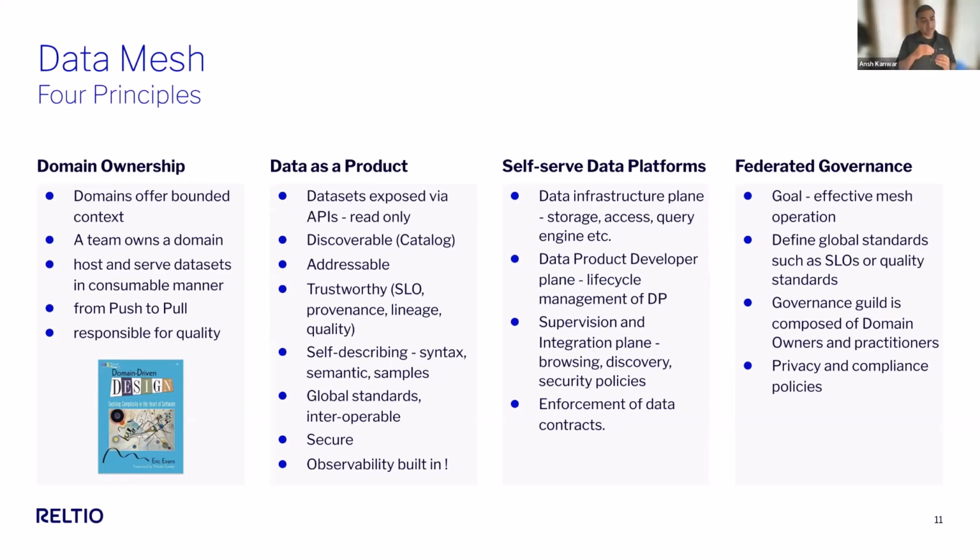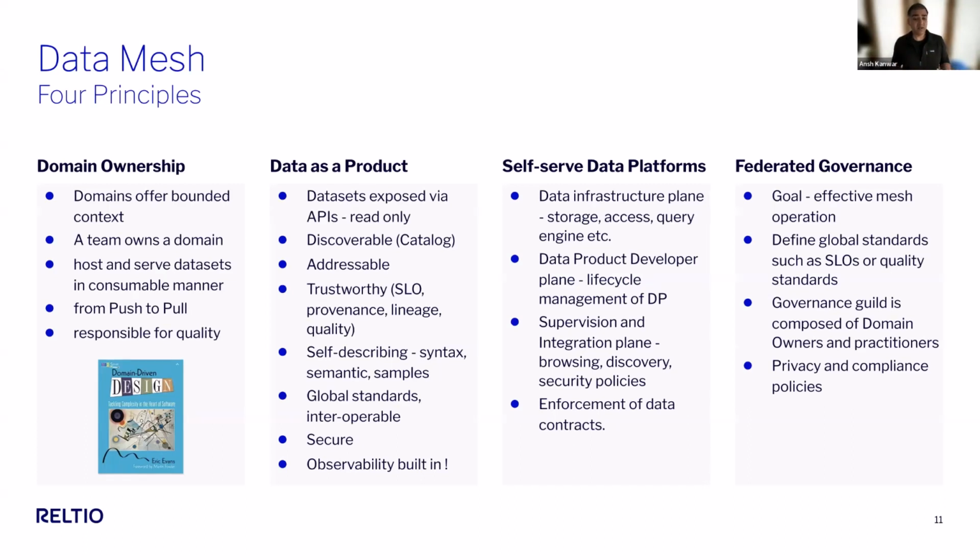So as you grow your data as a product capabilities, you're able to apply service level objectives about the freshness of the data. Let's say you're able to provide clarity on the provenance, be clear about the lineage, so others can make smart decisions based on where the data came from, and you are clear about other aspects of quality, which will help others make decisions as they consume your data.